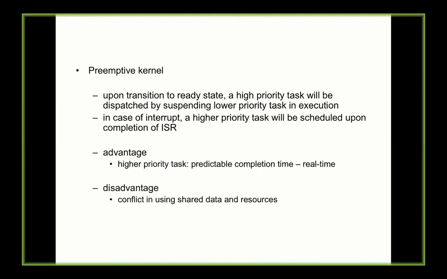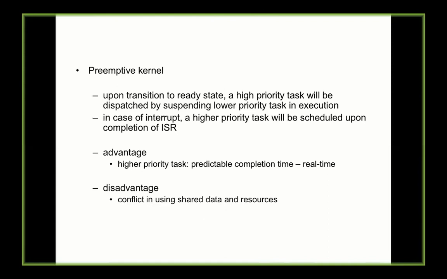In a preemptive kernel, every task is given some default priority, guys. There is a priority, which is usually a number, and of course the user provides it, and the kernel also provides some default number for the tasks.